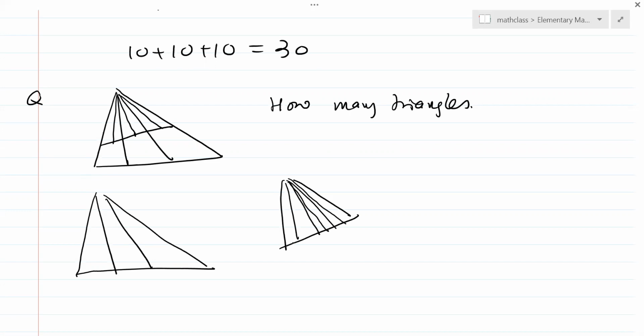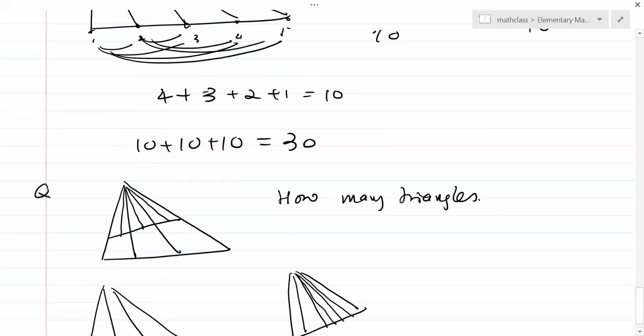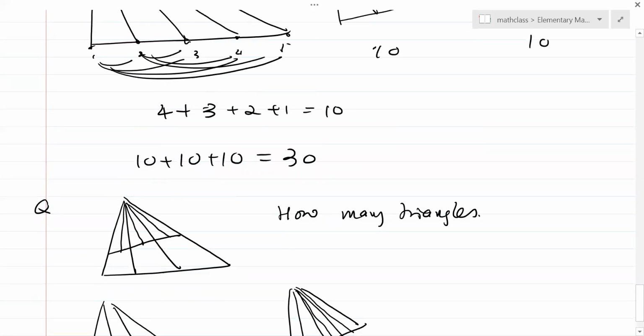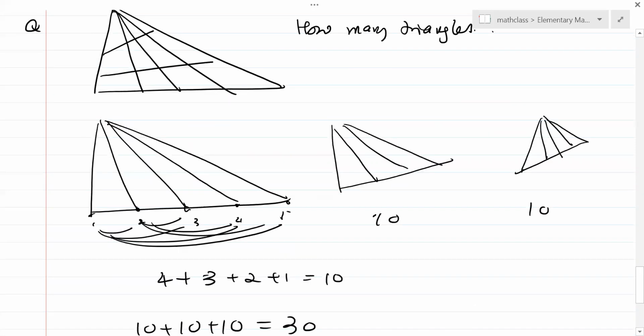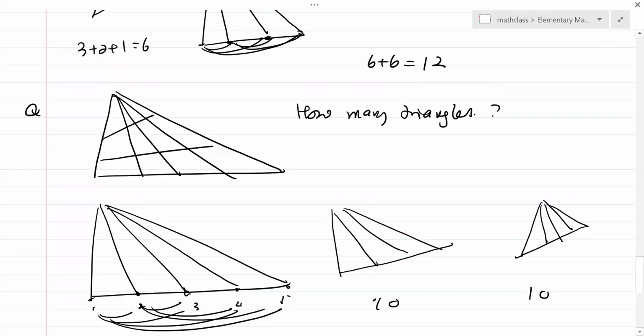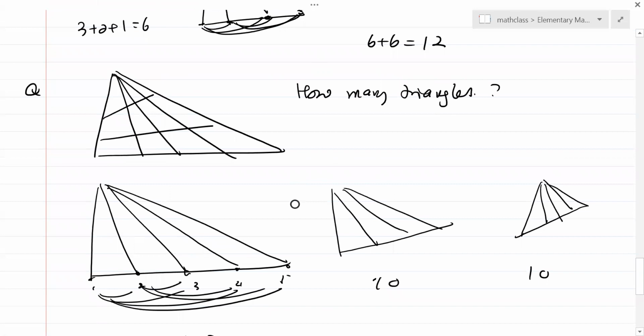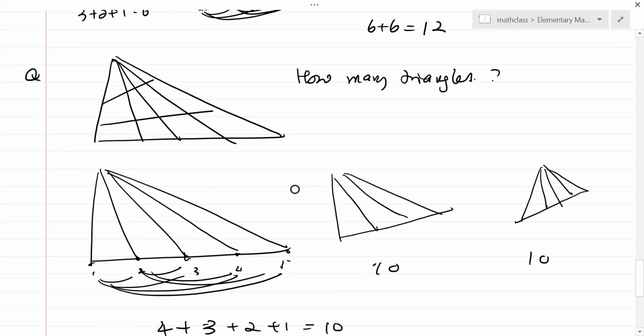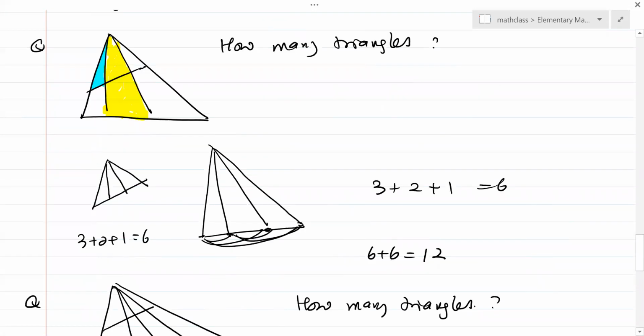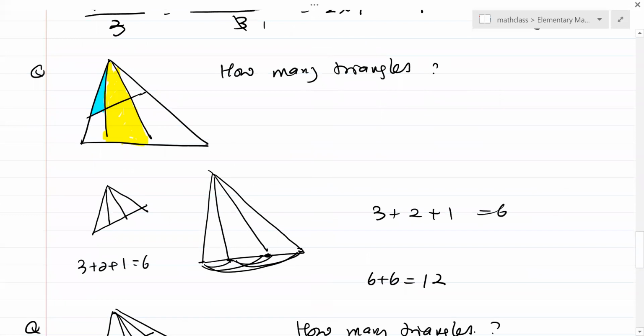Oh, wait a minute. Wait a minute. I made a mistake. Sorry for that. Those triangles are vertical. We forgot this. Let's go back to here. Did you miss anything?